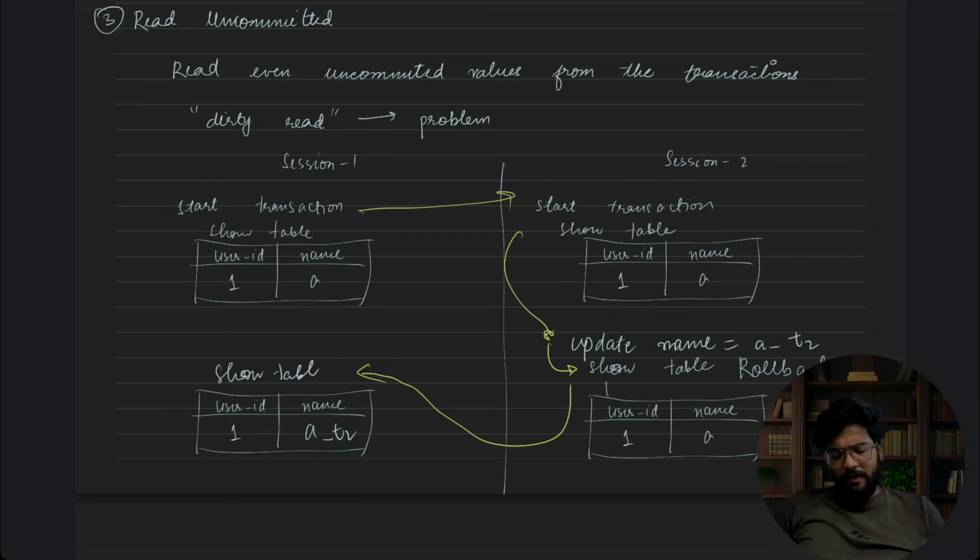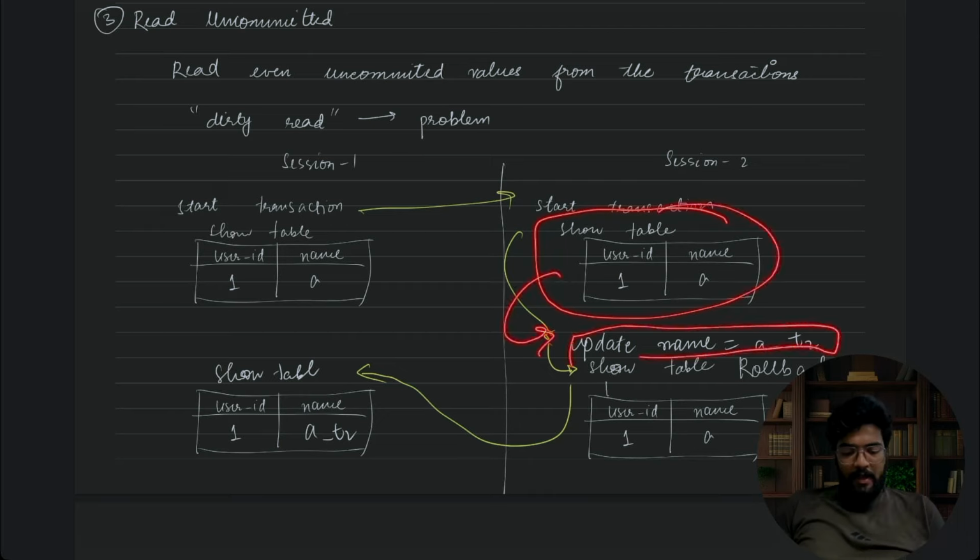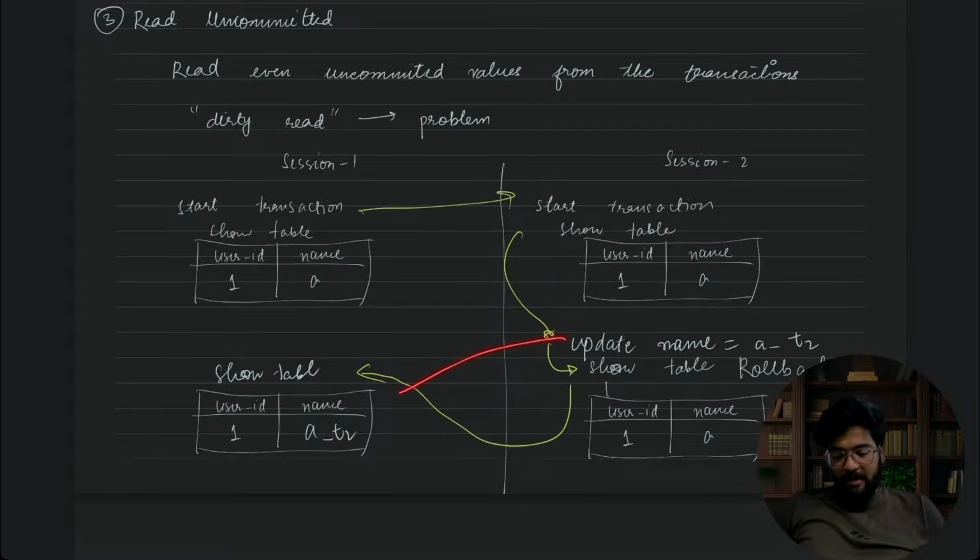We update the name to A_T2, and now if we show the table in session 1, it will show us the uncommitted value.